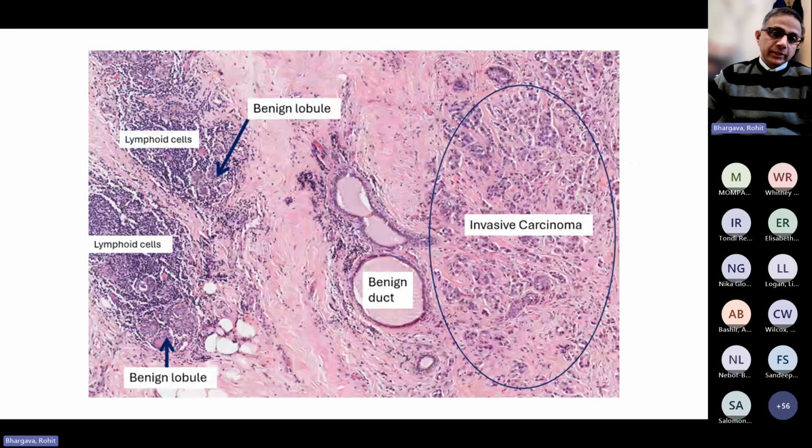For example, here you have an invasive carcinoma right on the right-hand side. Then you have benign ducts, you have benign lobules, lymphoid cells around the benign lobules. All these are contributing to the mRNA that you extract from this tissue block and will alter the actual gene scores for the invasive cancers.